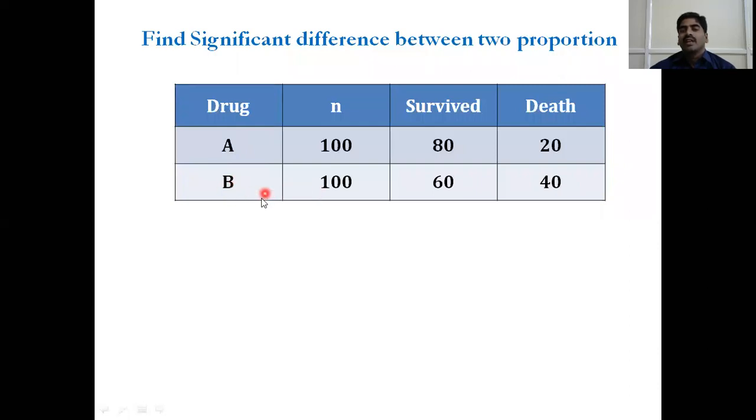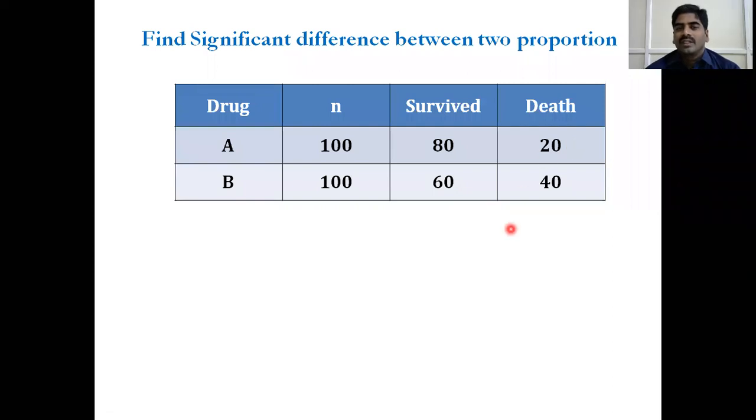We have given drug B to 100 subjects, and out of 100, 60 recovered and 40 deaths are there. And drug A was given to 100 subjects. Out of 100, 80 survived by giving drug A and 20 deaths are there.